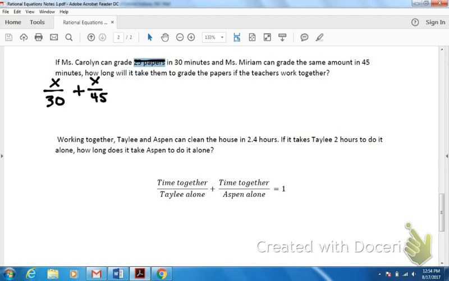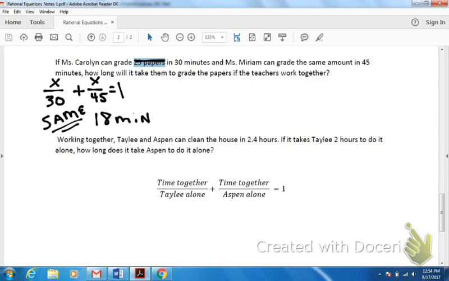Yeah, so guess what? The answer is still 18 minutes. Okay, it's the same problem. We do not need to use that 25. Just consider that the 25 papers represent the one job.